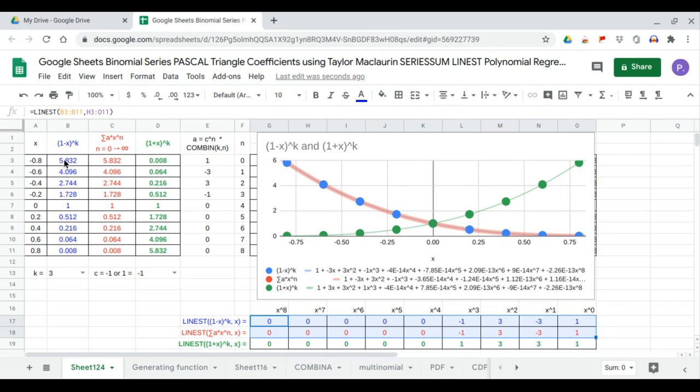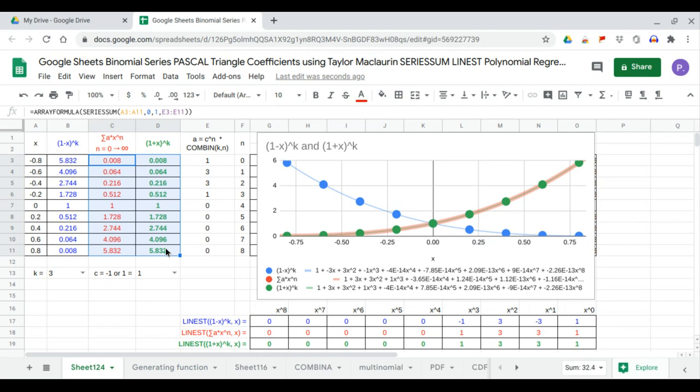So these two data sets are the same. If c equals positive 1, the red line is on the green dots, and these two regression coefficients are the same. That is, the regression coefficients of the Taylor-Maclaurin series expansion and the 1 plus x to the power k are the same, as well as their datasets.